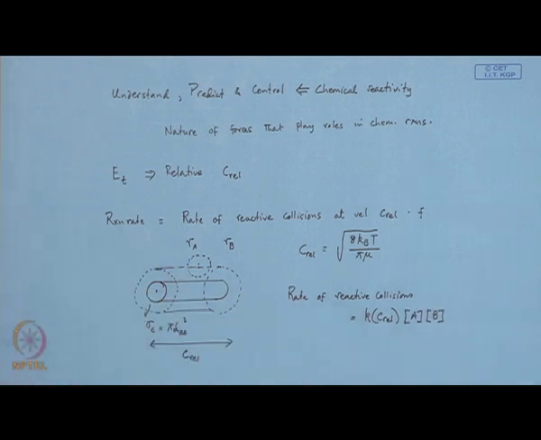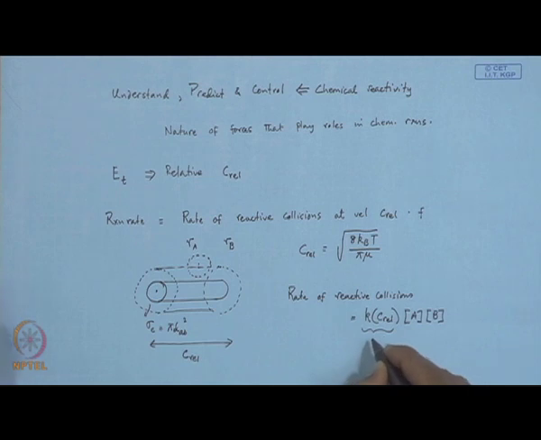So now k c relative is the number of reactive collisions, which defines the reactive collision volume swept out per unit area. Okay.